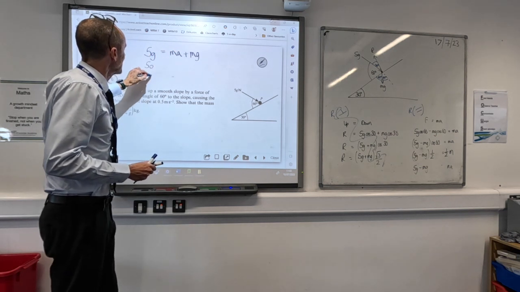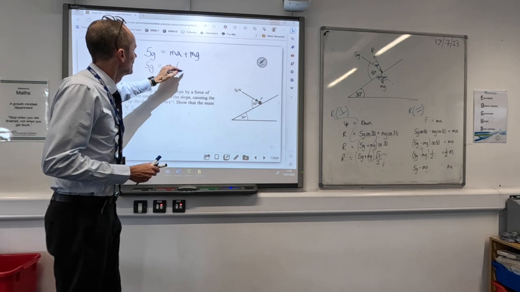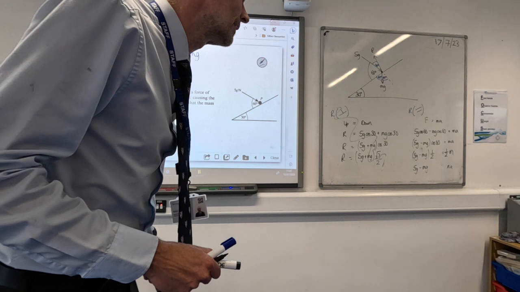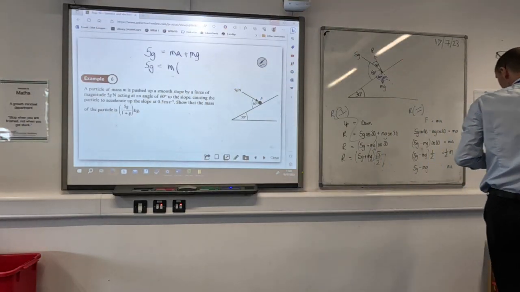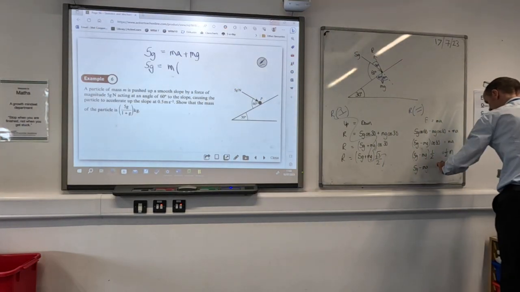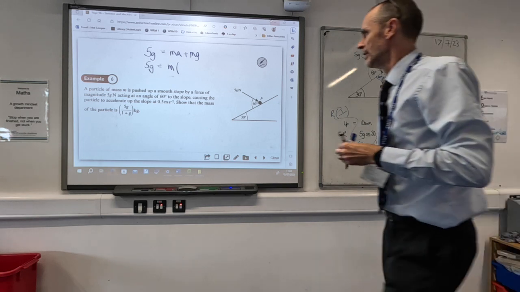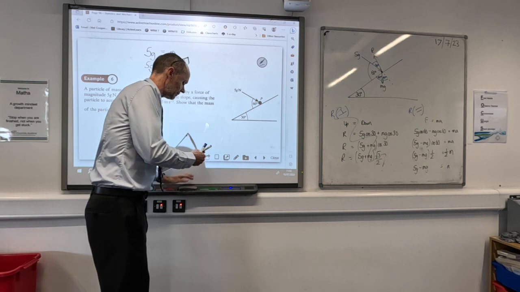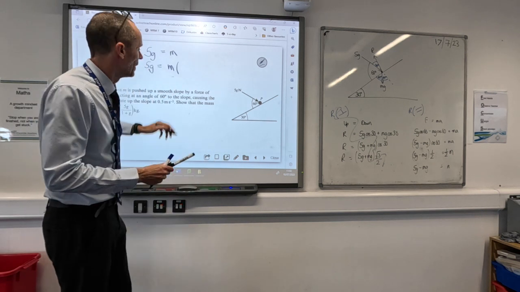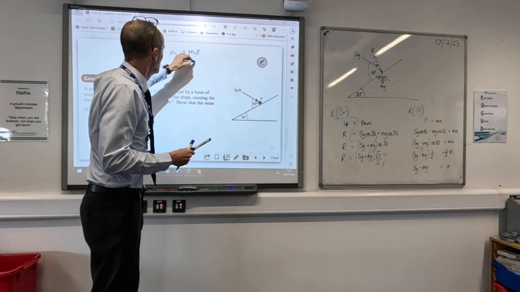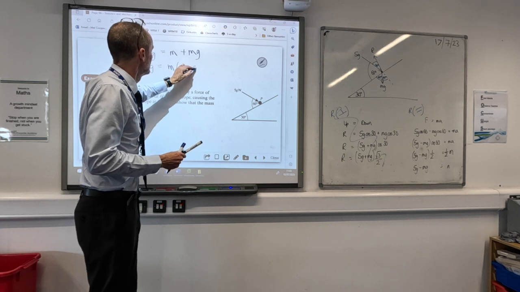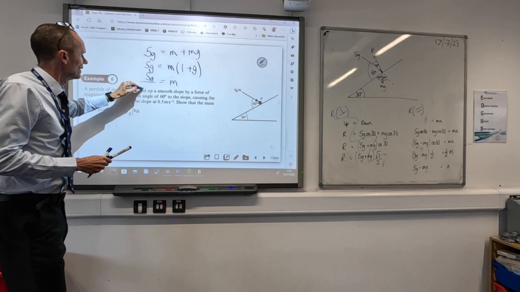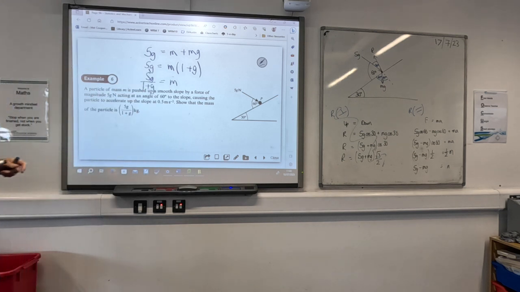I'm then going to factorise. I've still got an a in there, sorry, that should be an n in there, shouldn't it? Just an n. m plus mg, factorise, and then as required.